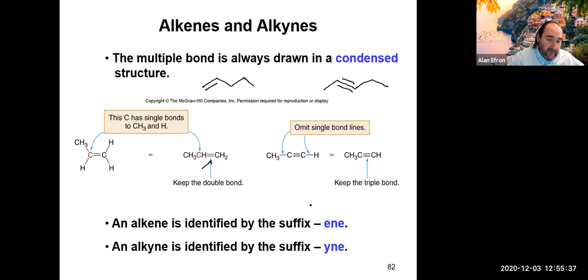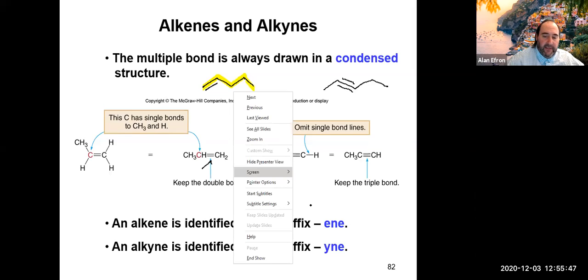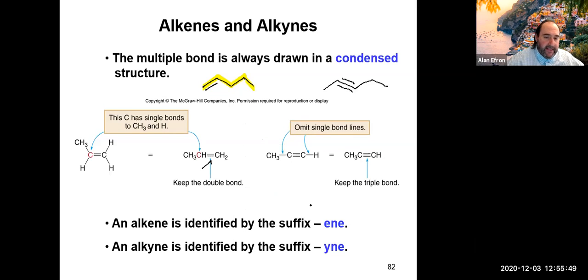So if we did this first one I drew, that is 1 carbon to 2 carbons, to 3 carbons, to 4 carbons, to 5 carbons. So that is 5 carbons based off of pentane, because it's 5 carbons. I have a double bond happening here. So my ANE then becomes pentene, ENE, because of the double bond.